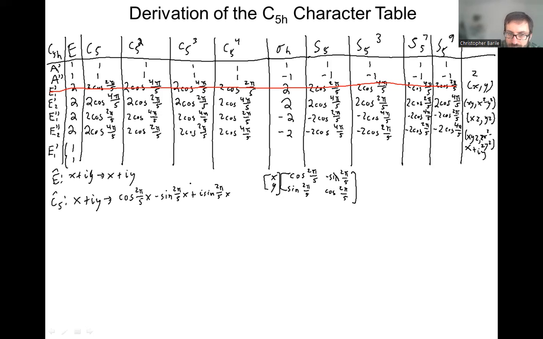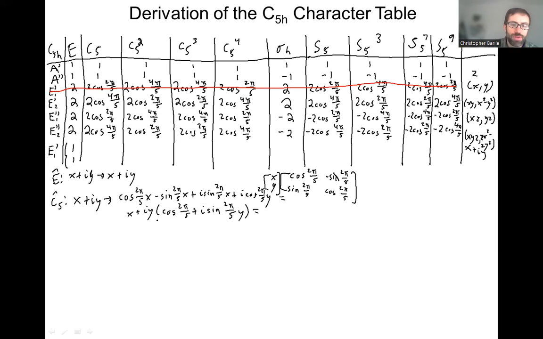We have an i here, plus i cosine 2 pi over 5 y. And so this actually ends up being, you can factor out x plus iy here. And when you factor that out, you get cosine 2 pi over 5, taking into account this term, plus i sine 2 pi over 5 y.